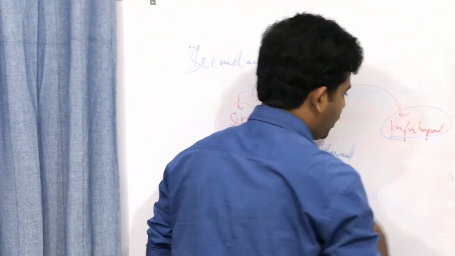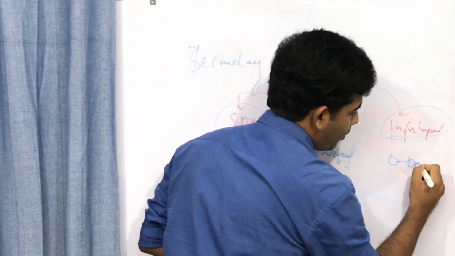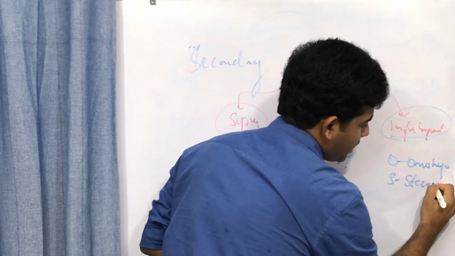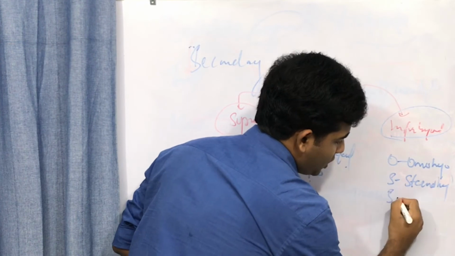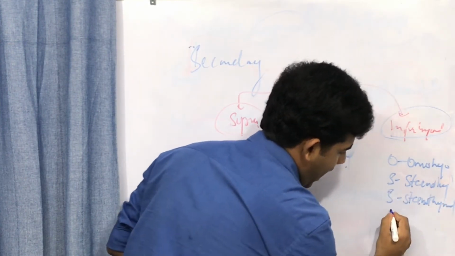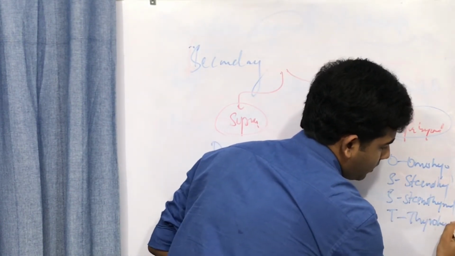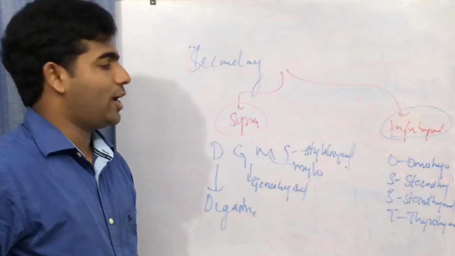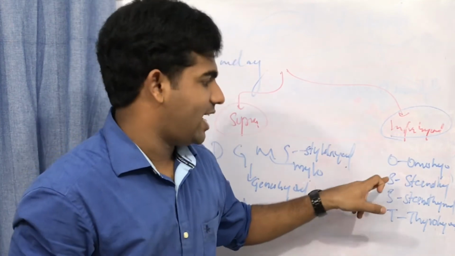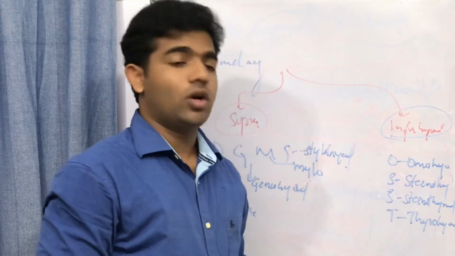And the infrahyoid group, you have here O for omohyoid muscle, then sternohyoid muscle, then sternothyroid muscle, something different, sternothyroid, and finally thyrohyoid muscle. So these are the infrahyoid muscles: omohyoid, S for sternohyoid, S again for sternothyroid, not hyoid, and T for thyrohyoid.